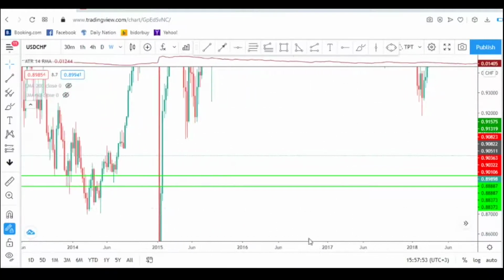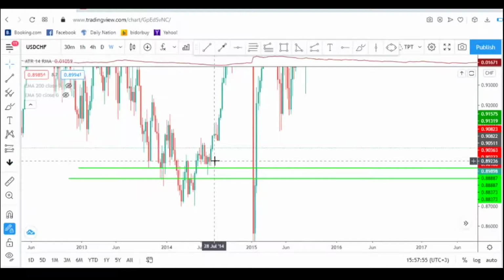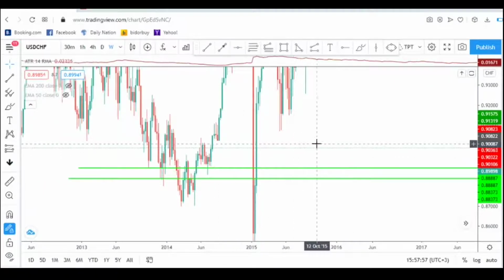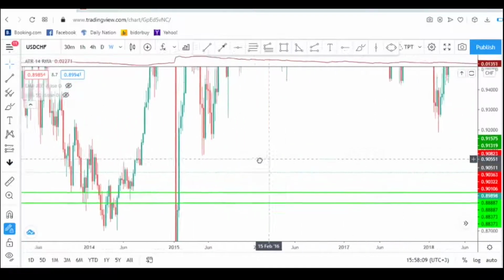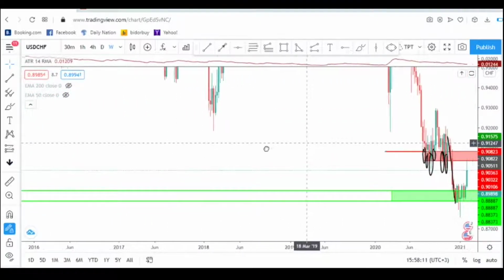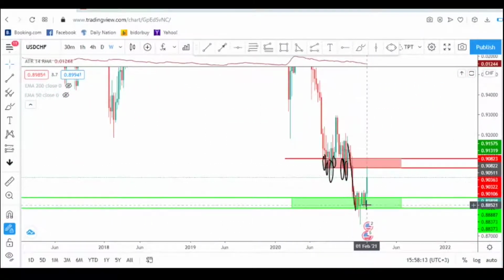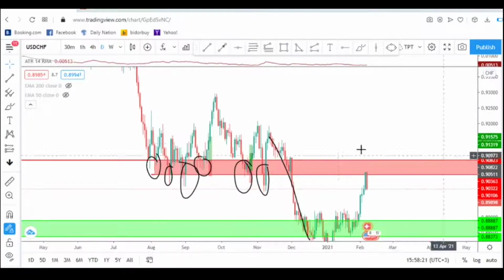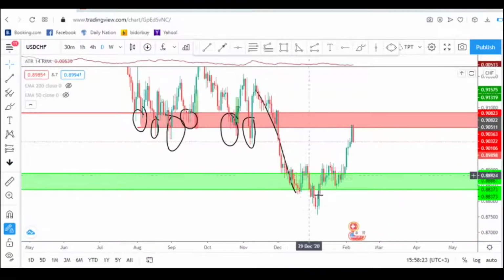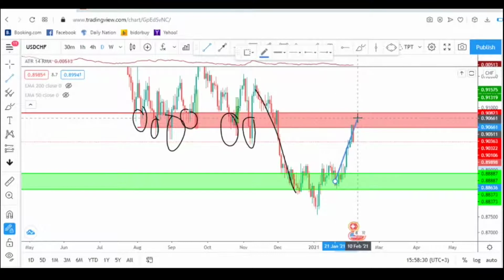Yeah, on a weekly time frame, this is a level of structure that was tested as support multiple times, and when the market came back again to this level, it was rejected here at the support level. So that's a strong level of structure, and it made this inverted head and shoulders pattern, and the market now has come back to this level.